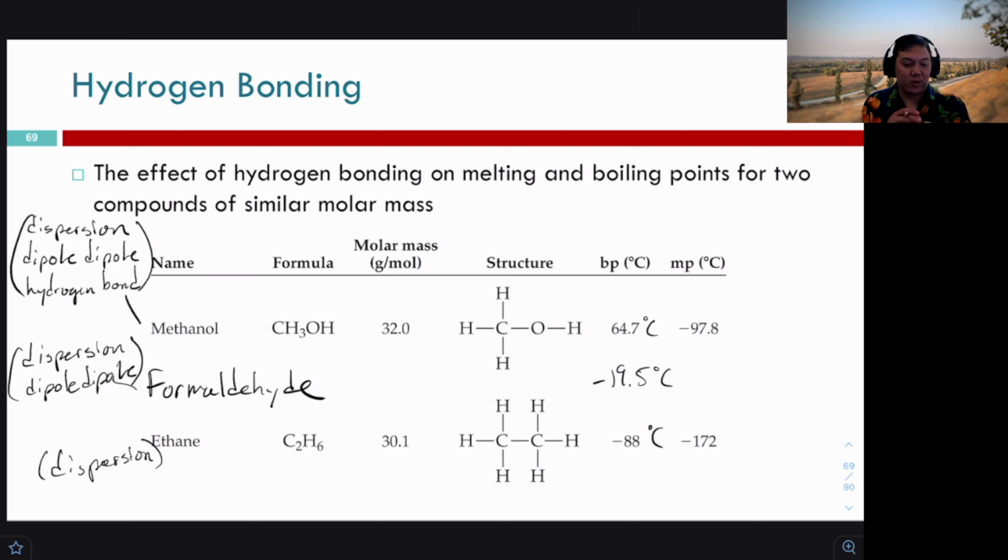And the big takeaway I want you to understand here is the relative strengths of these intermolecular forces, and that those intermolecular forces determine things like melting point and boiling point.